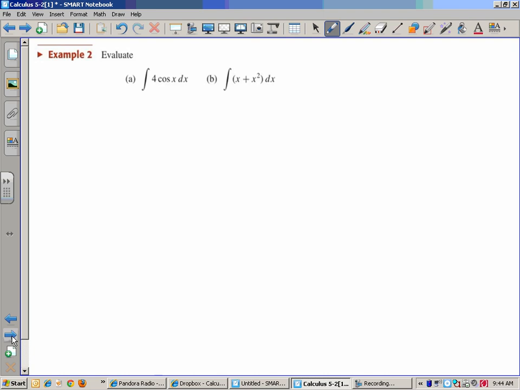Okay, so let's do some examples. The first two, I'm going to write every step out. We're going to pull the constant outside of the integral. This is going to become 4 times, and now it can be whatever. So I have to think, what is the derivative here?